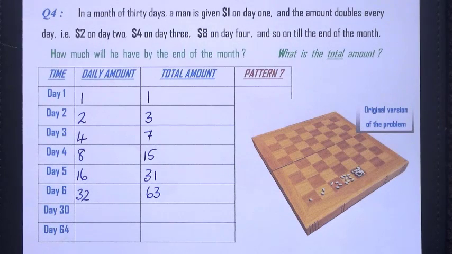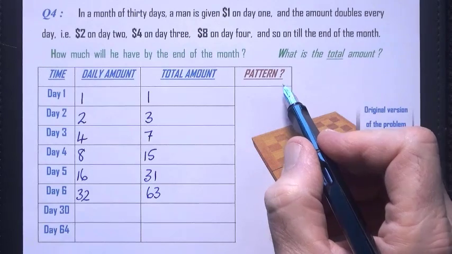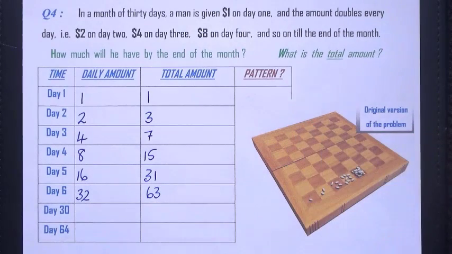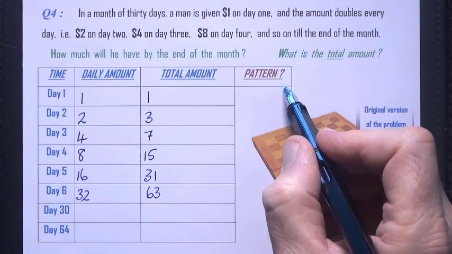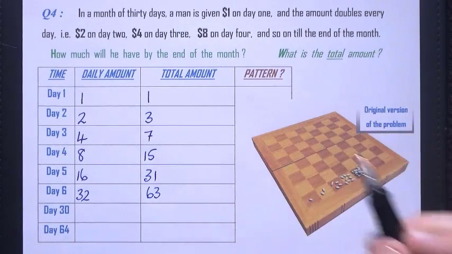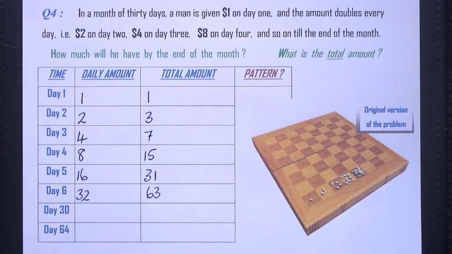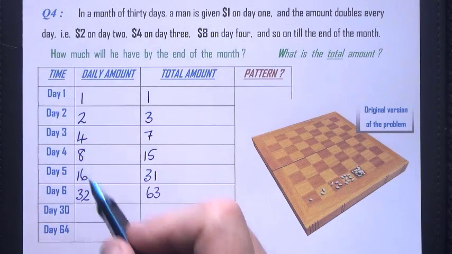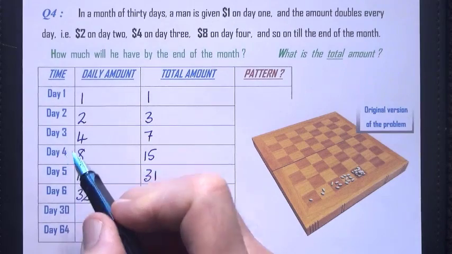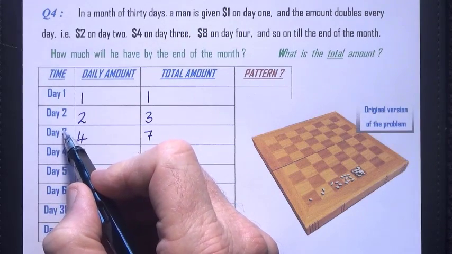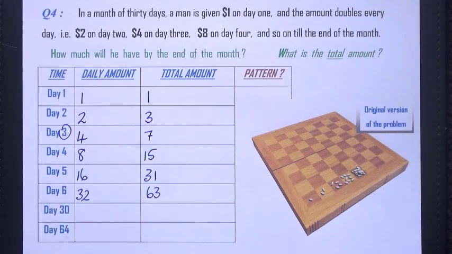So what is the pattern here? Well, since we're doubling something, think of the powers of 2. I look at this and I want to find if there's a relationship between the number of days and any of these numbers.